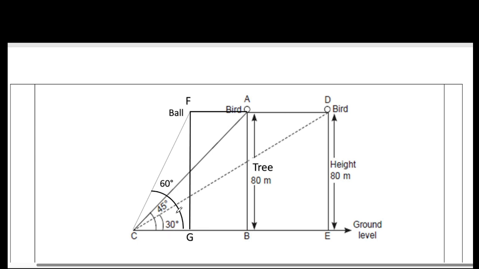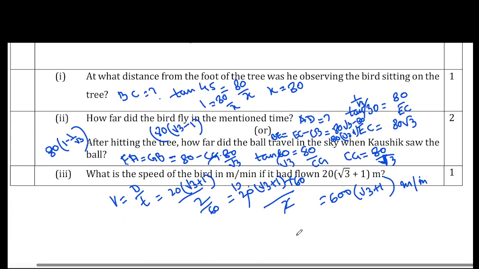So that will be tan 60 degrees. 80 divided by CG equals tan 60 degrees. The tan 60 degree value you can get from here. So CG will be 80 divided by root 3. So the distance will be 80 minus 80 divided by root 3, 80 is common, so 80 bracket 1 minus 1 by root 3 will be the required value.